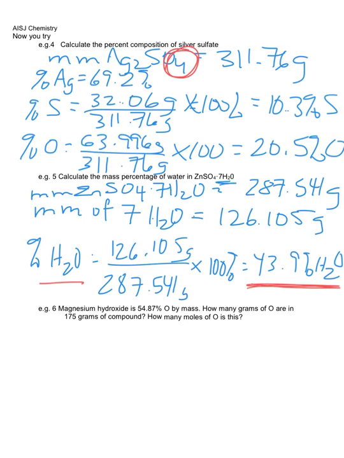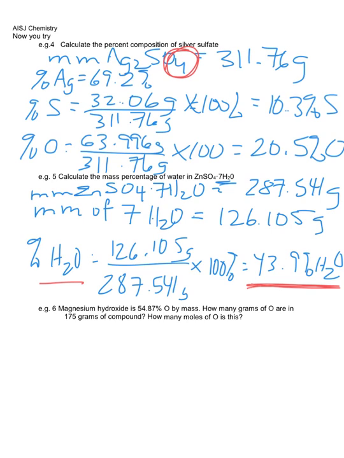All right, let's look at our next example. Magnesium hydroxide is 54.87% oxygen by mass. How many grams of oxygen are in 175 grams of compound? How many moles of oxygen is this?